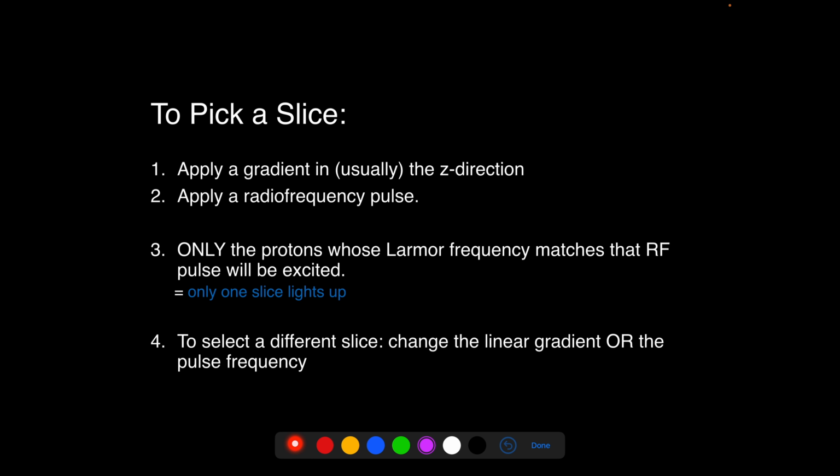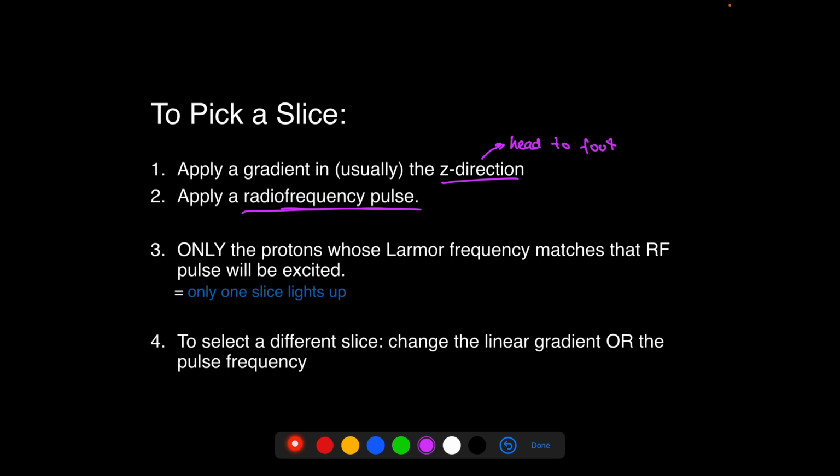It consists of two main steps. To select a slice, we first apply a gradient in usually the Z direction, which is from head to foot. And then we send in a radio frequency pulse.